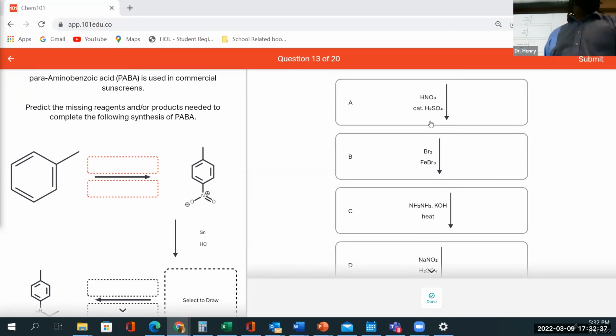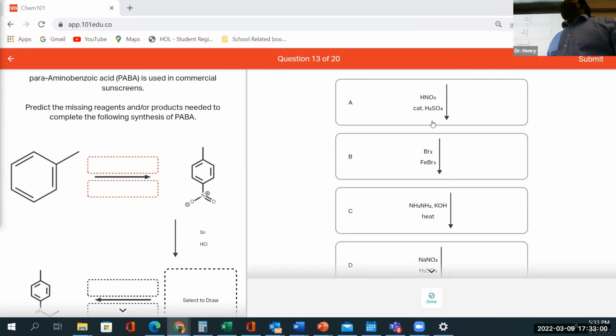You say A? We'll go with consensus. Because right now it looks like both of them fit, right? But what? You said D? Okay, so let's talk about it. So we got like 50-50. This is an interesting class.